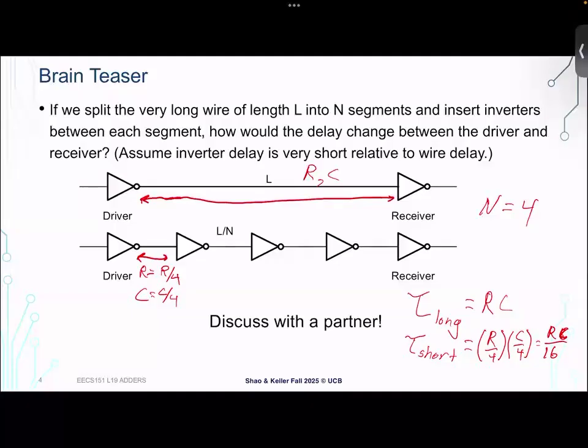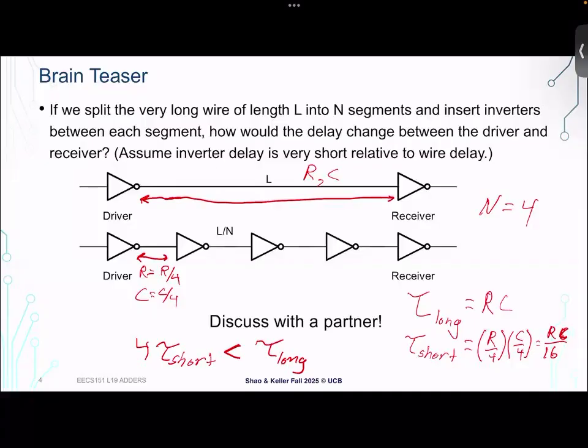And so, of course, we don't want to just compare one segment. We want to compare 4 segments. So we need to compare 4 tau short versus tau long. But 4 tau short is still considerably less than tau long, right? And so the point about adding more capacitance as you're adding these additional buffers is absolutely correct.